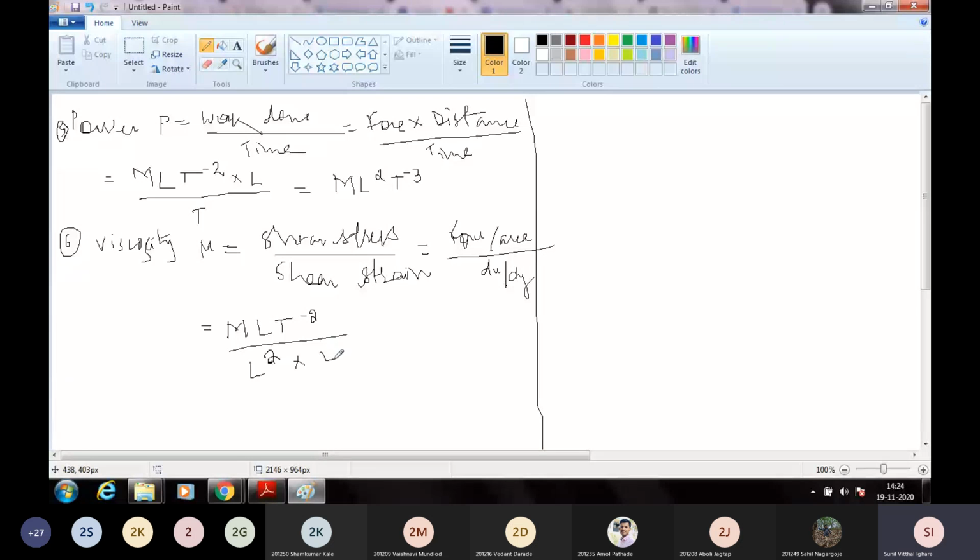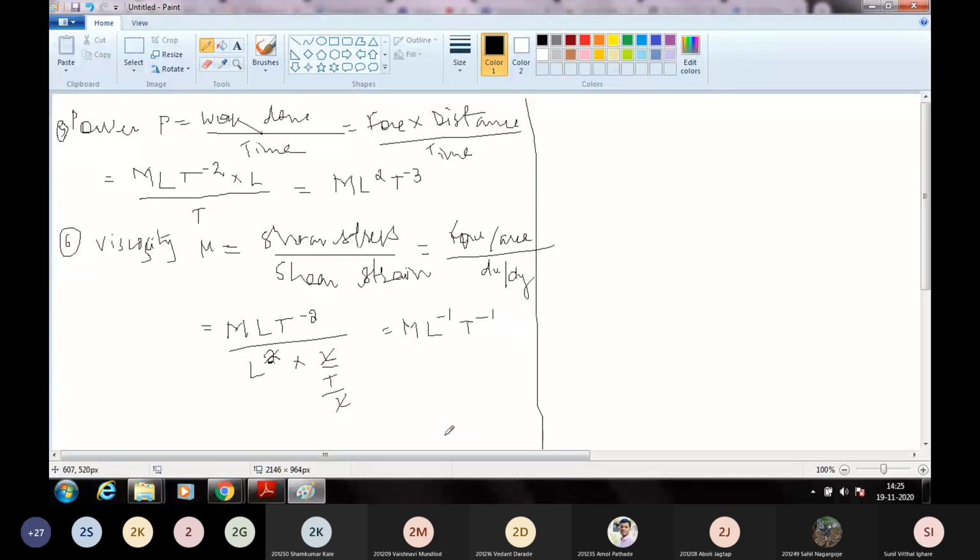That is L divided by T, and divided by y, that is L. So if you simplify this, you will ultimately get M L raised to minus 1 and T raised to minus 1. Here L gets cancelled, so you will get L raised to power minus 1 and T raised to power minus 1.